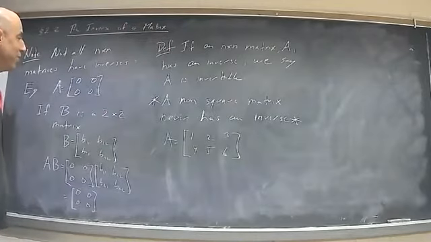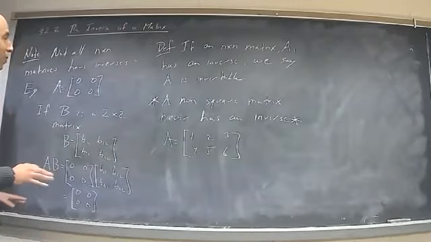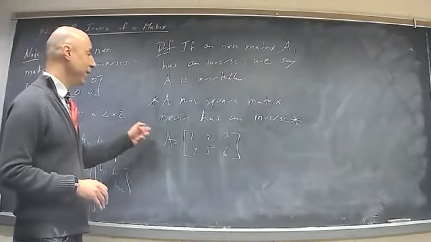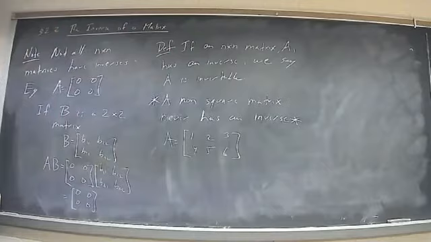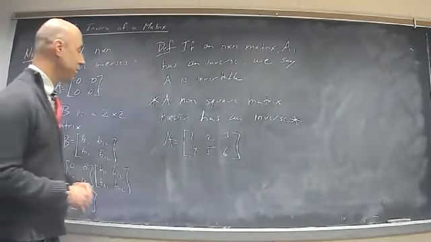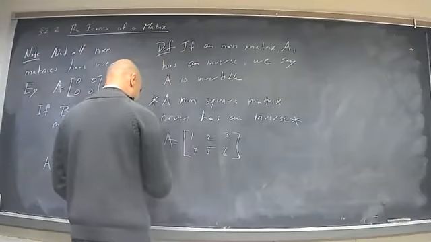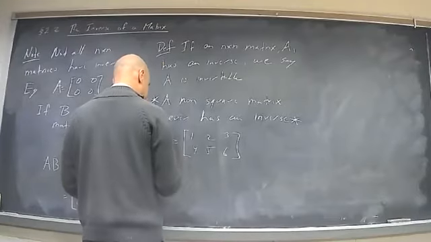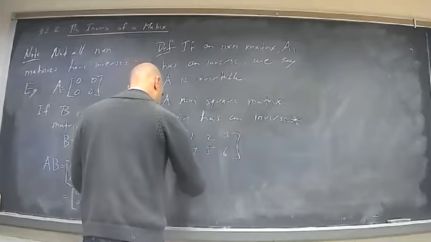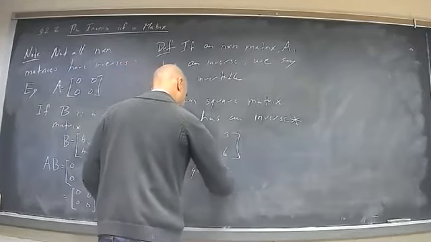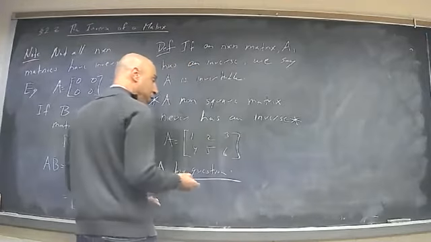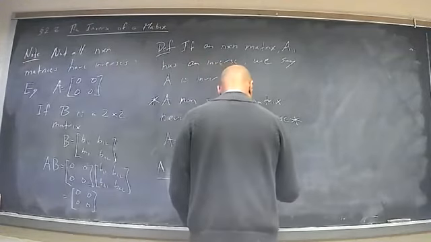Right, so a non-square matrix never has an inverse, and a square matrix sometimes has an inverse. We'll see eventually why a non-square matrix can't possibly have an inverse, and why these sometimes do. So as I said, one of the biggest questions in linear algebra is which square matrices have inverses and which don't?